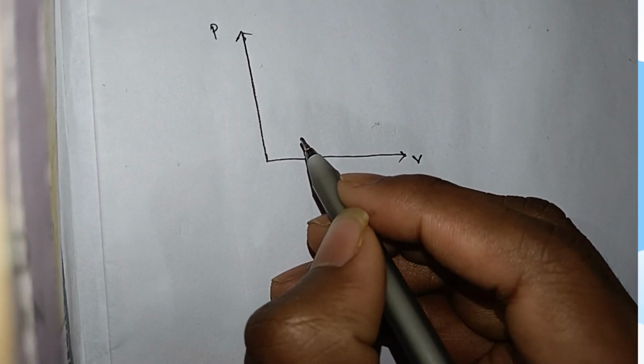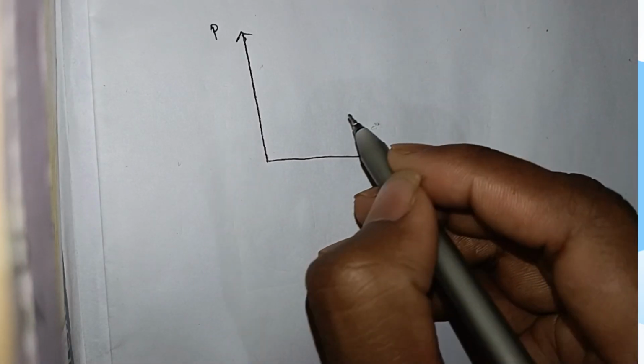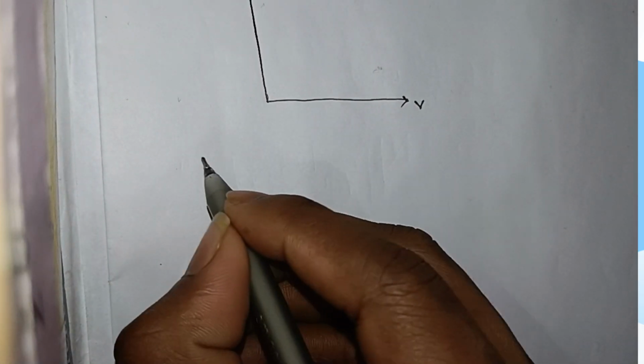Okay, Carnot cycle में क्या होता है? There are 4 processes. Okay, note it. There are 4 processes.